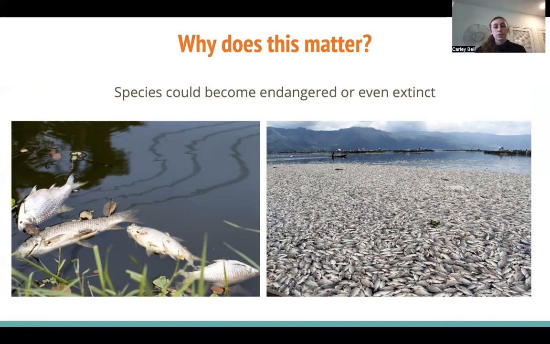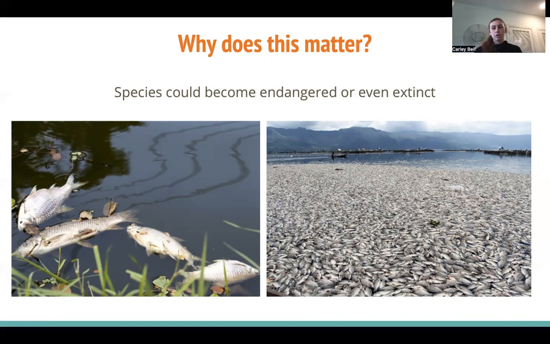And so the first reason why it matters is because species could become endangered or even extinct. These two pictures are really sad and dramatic pictures of dead fish just floating in the water. But this is actually happening in our world today, and it's very sad to see. But like we've kind of touched on, trout are cold water species.